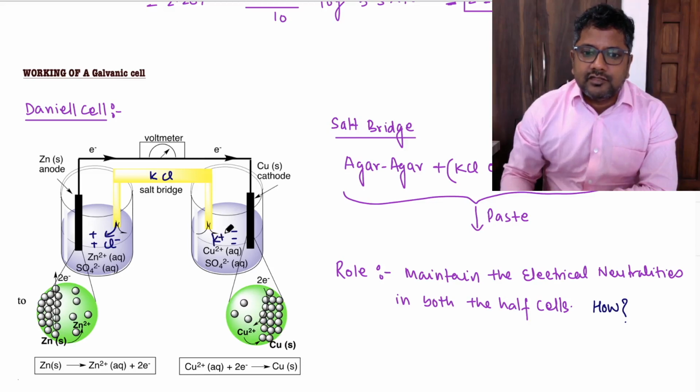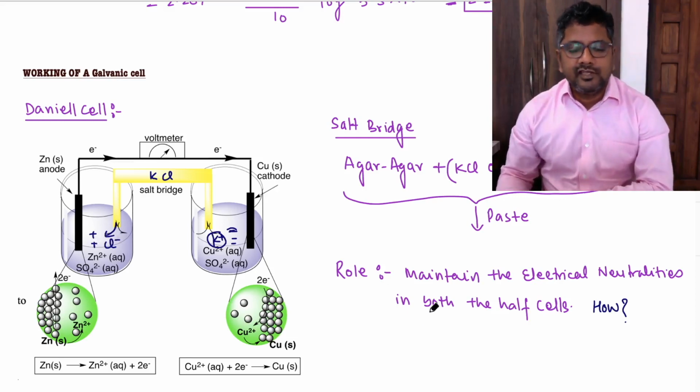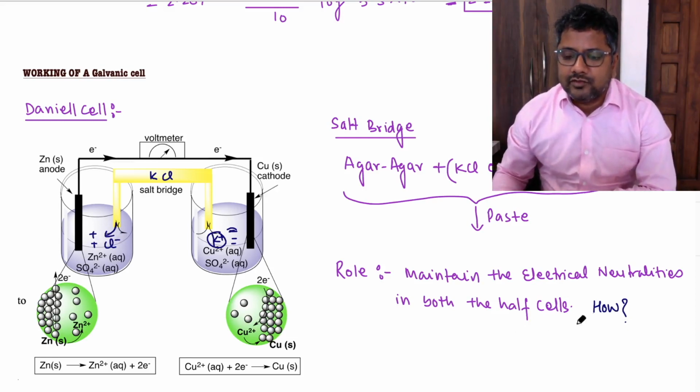So these potassium ions will neutralize the negative ions, and the chloride ions will neutralize the positive ions, right?